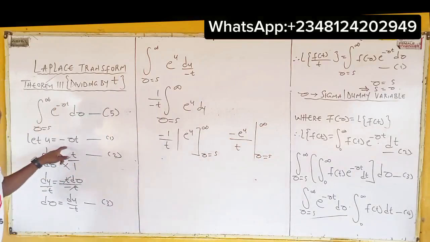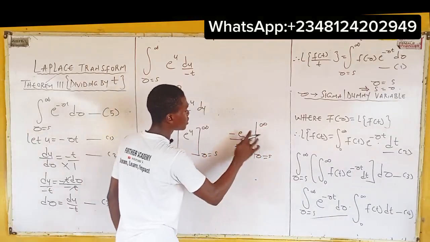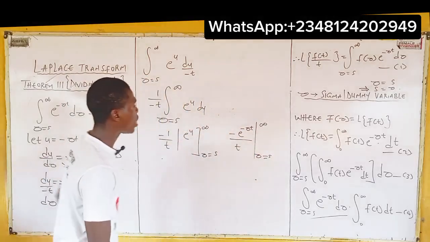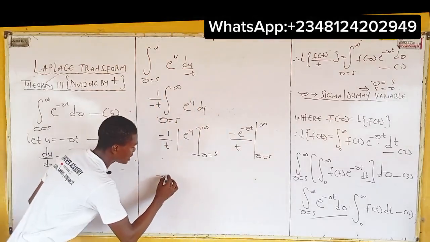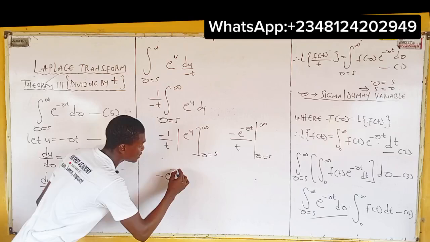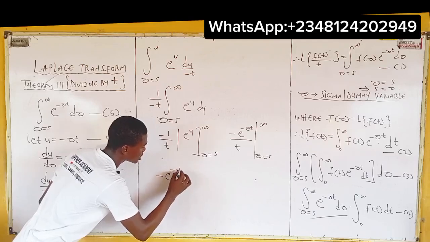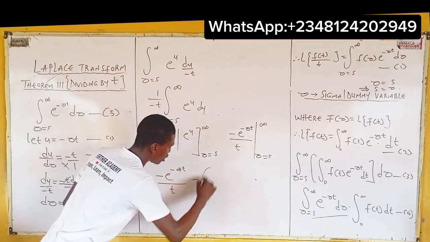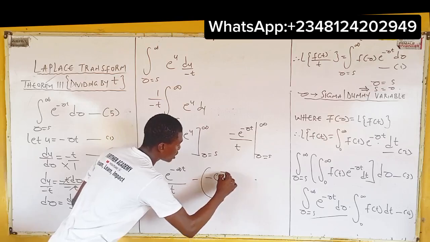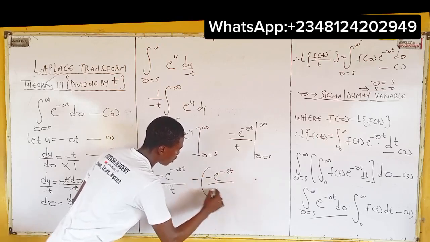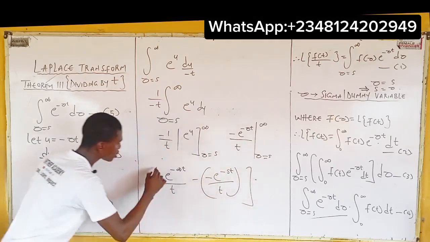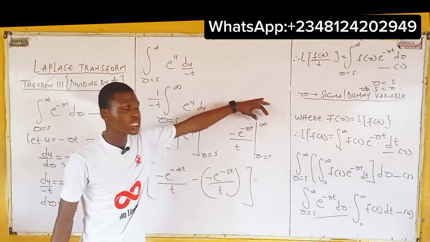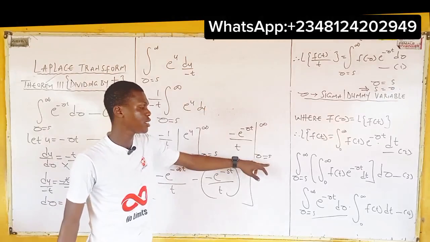Substituting the value of u, which is negative sigma t, and now applying your lower and upper limit, you have negative exponential negative sigma multiplied by t all divided by t, minus, all in brackets, negative exponential negative s t all divided by t. What we did here is that we only applied the idea of definite integral, taking your upper limit first, then subtracting your lower limit.